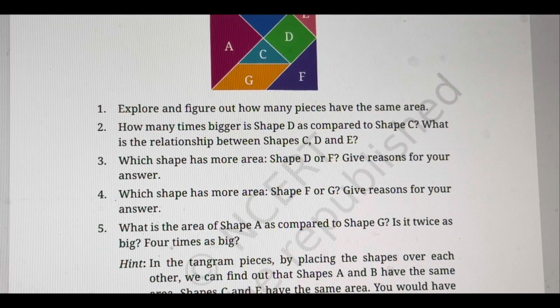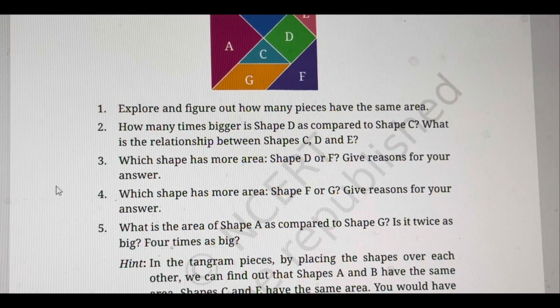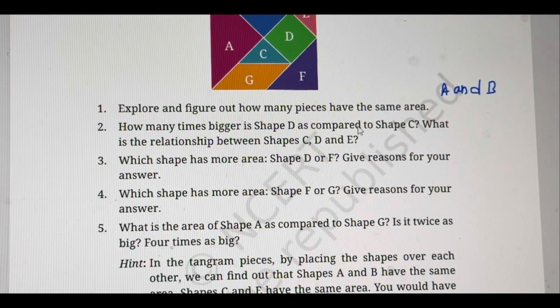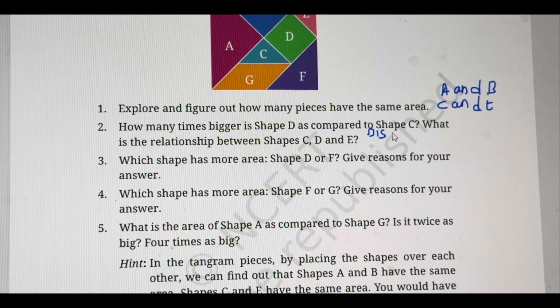We'll write down the answers over here. First answer is which pieces have same area. So that is A and B have same area. Then also C and E have same area. We also saw the second answer. I'm writing so that you remember: how many times bigger is shape D compared to C. We saw that D is 2 times.